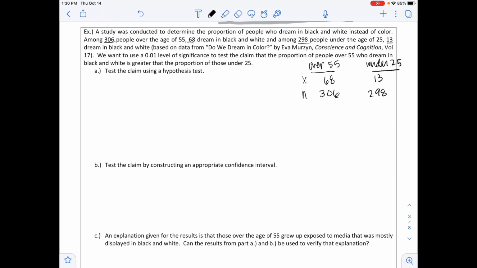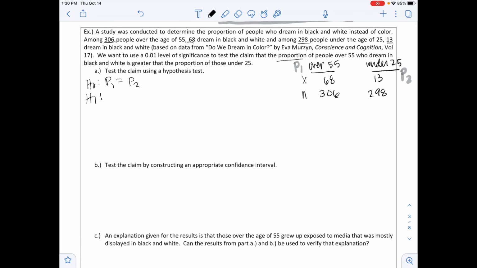I'm going to call this P1 and this one P2 when I talk about proportions. My null is going to be that the two proportions are equal to one another. We know that we are dealing with proportions because the problem tells us that.